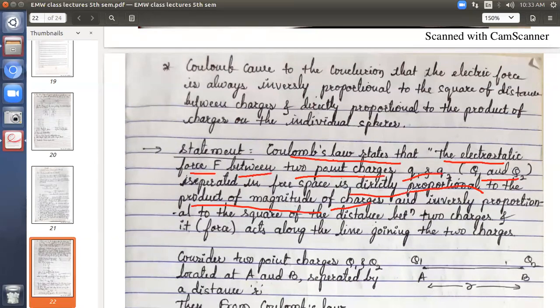Magnitudes are Q1 and Q2. So the product is Q1 into Q2, and it is inversely proportional to the square of the distance between the two charges.